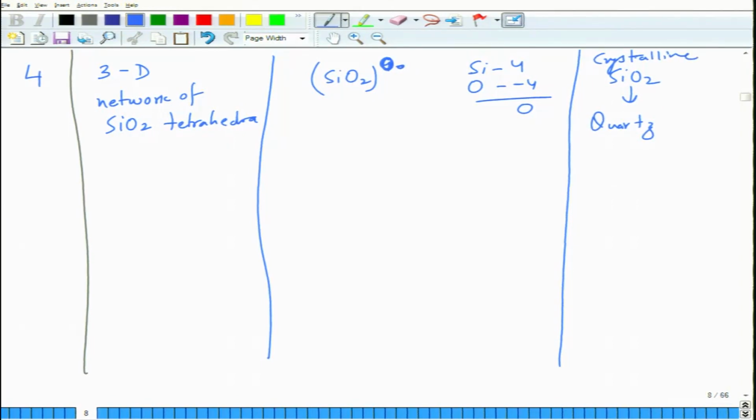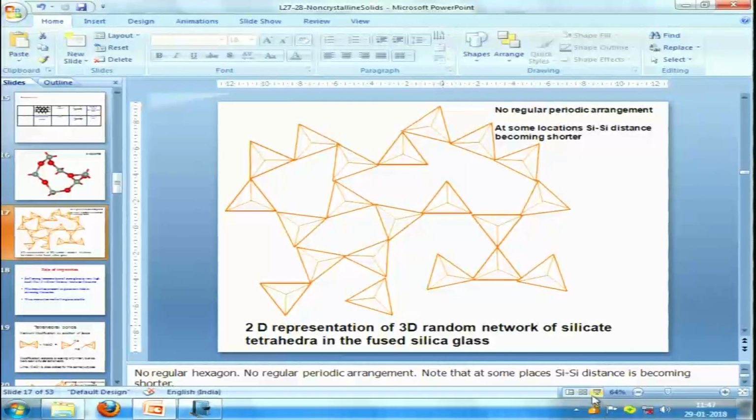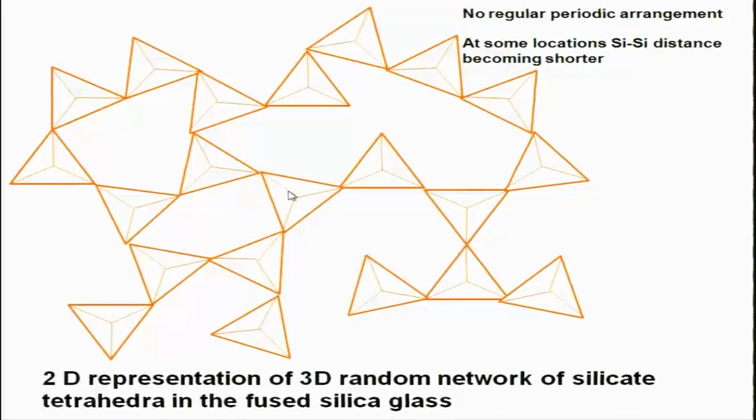So, these are various forms of silicate solids that may occur depending upon how the oxygen is shared between the tetrahedra. There is a whole variety of these materials. For example, this is a representation of a 3D random network of silicate tetrahedra, fused silica.